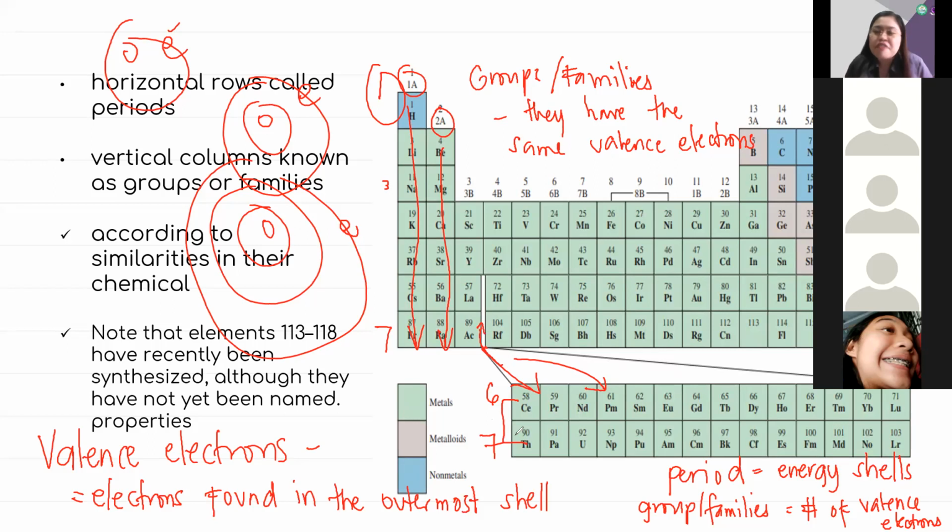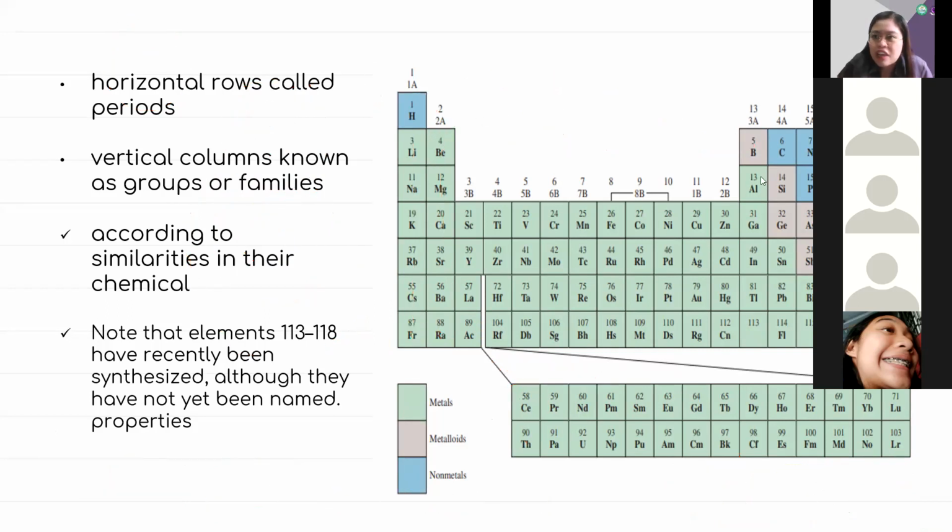But for groups and families, we have 2 types of families, the family A and the family B. So nakikita nyo naman yan sa screen. Ito, group 1A, group 2A, and then jump tayo 3A hanggang 8A. So they are called the representative elements. While at the center, you can see the family B or the group B's in a periodic table.